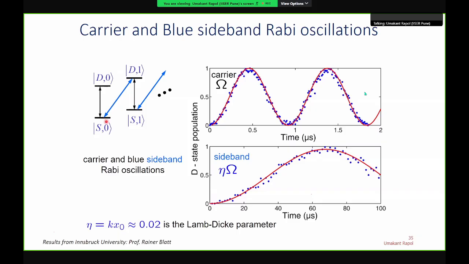This will allow you, if you had more than one ion, when you excite a motional mode, both ions are going to move. You apply a blue sideband pulse on one ion by focusing light onto it, and even the second ion starts moving. This is how you get the interaction between the ions, because there is a Coulomb repulsion between the ions. That is what is used for doing two qubit gates.